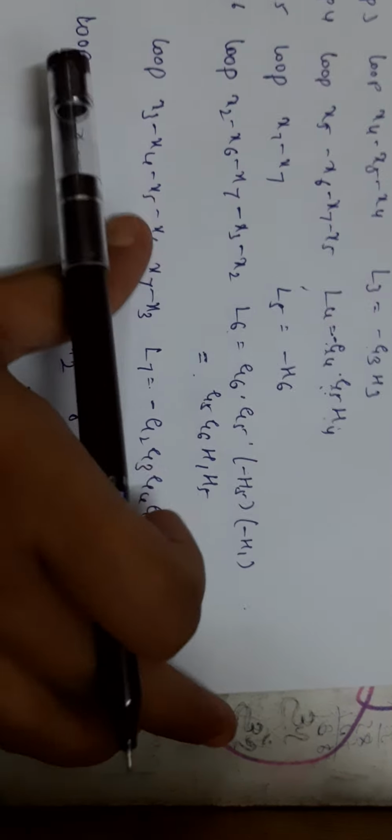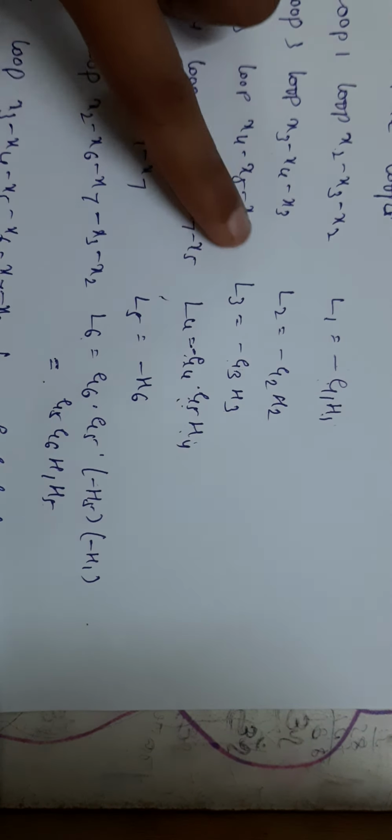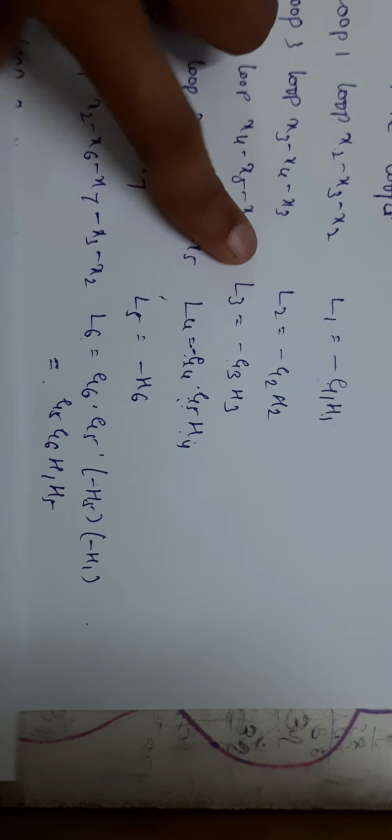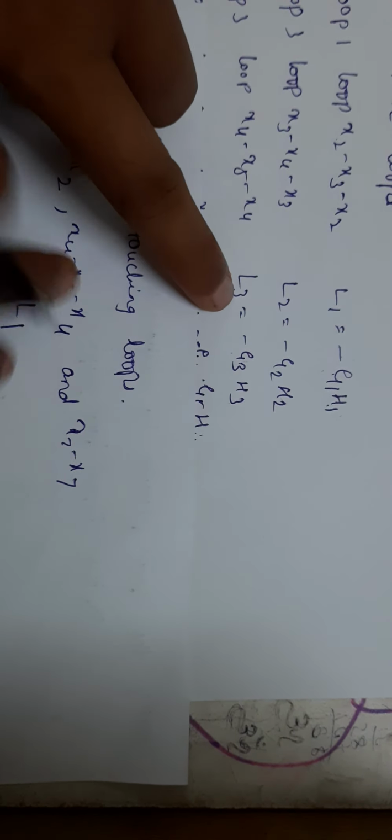That x2 3 2 is L1, 4 5 4 is L3, x7 to x7 is L5, 1 3 5.